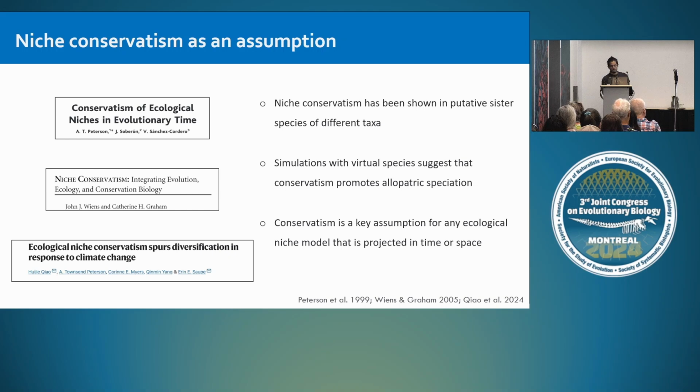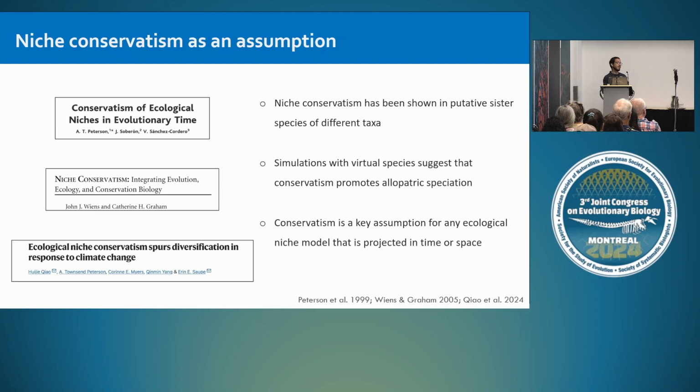Recently, in 2024, there's a paper in which simulations were used with virtual species to show that conservatism can promote allopatric speciation. The main point of this slide that I want to make is that niche conservatism is a key assumption of any exercise of ecological niche modeling, because when we are projecting models to other areas, like when we're working with invasive species, or when we want to understand potential past and future distributions, we are assuming niche conservatism.